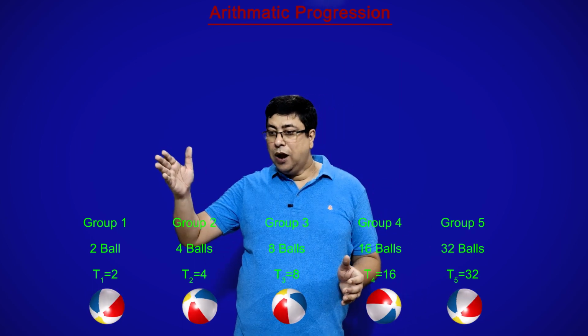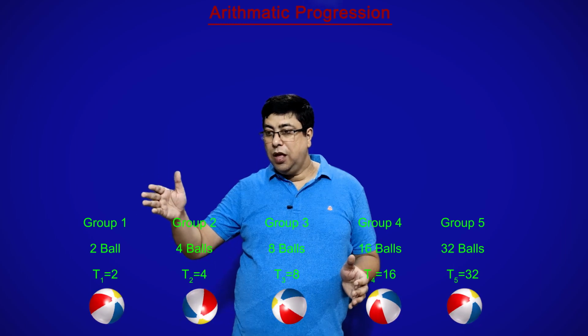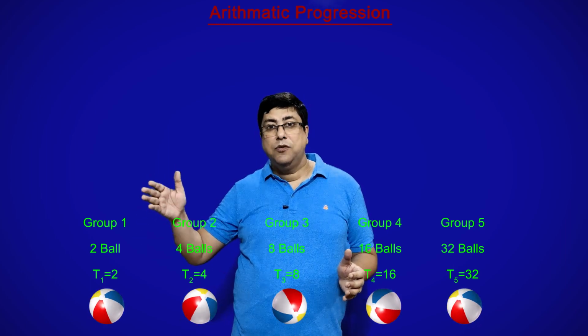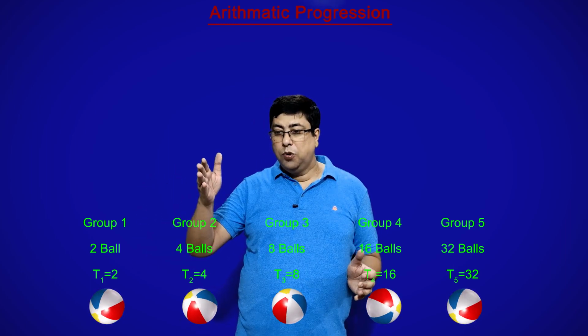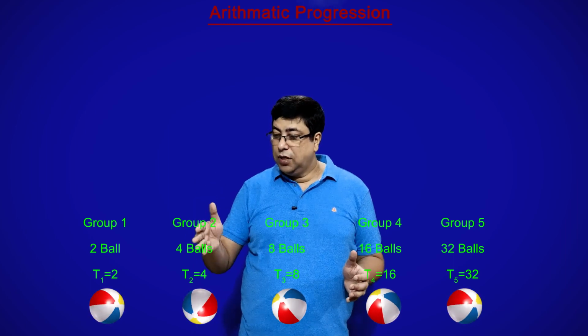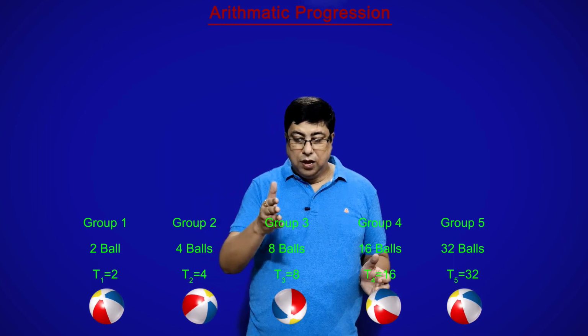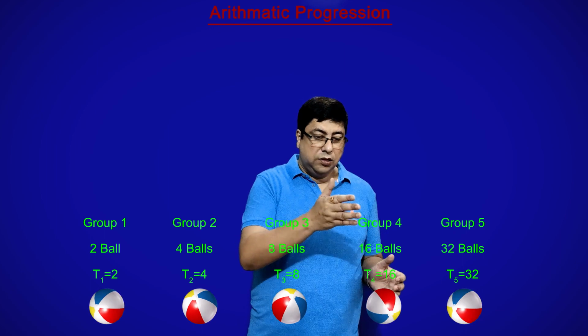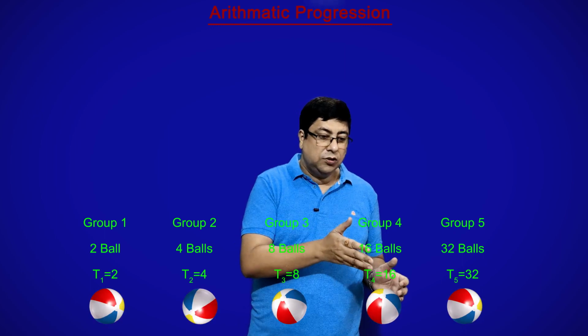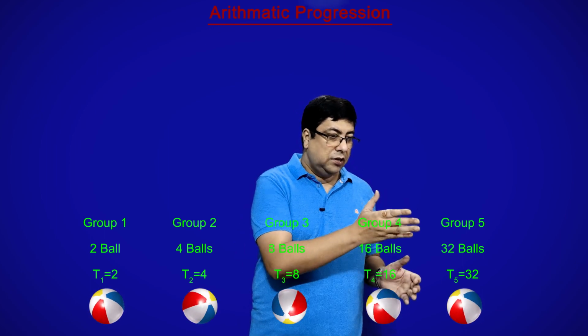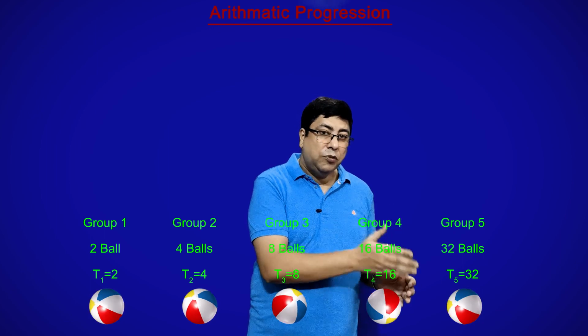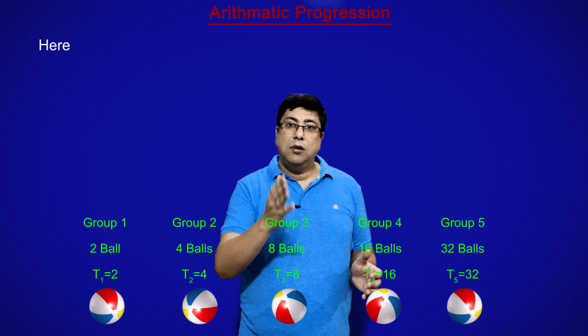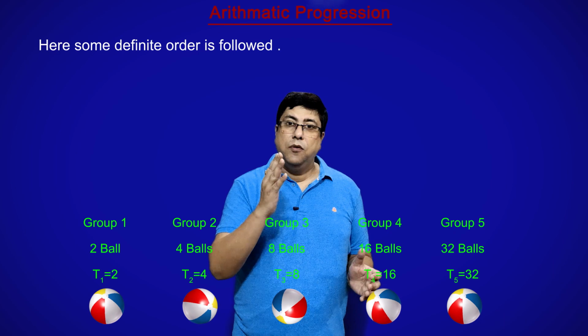So group 1 containing 2 balls is called term 1, that is the first term. Group 2 containing 4 balls is called the second term. This is called the third term, and group 4 containing 16 balls is called the fourth term, and 32 is called the fifth term. So here also one particular order is followed.